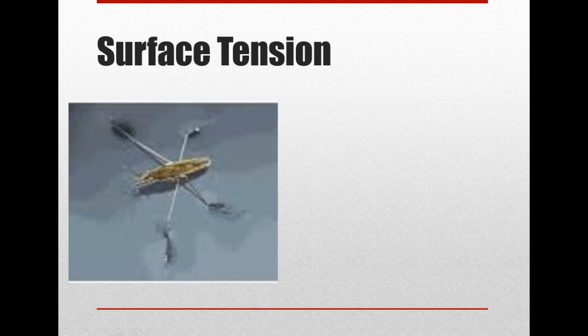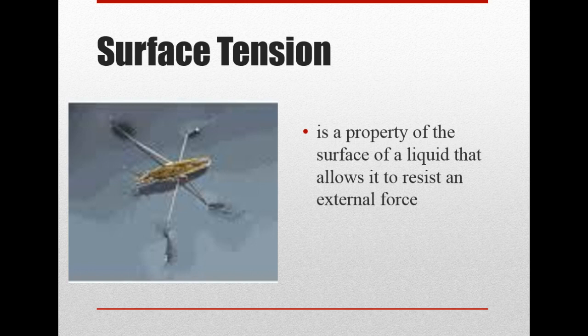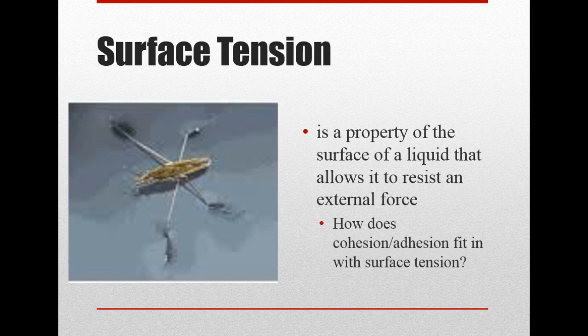Our next water property is surface tension. Surface tension is a property of the surface of a liquid that allows it to resist an external force. In this picture we have a water spider and a body of water, whether it's a pond or a slow moving stream or a lake, it doesn't matter. In this example, cohesion and adhesion both fit into this equation.